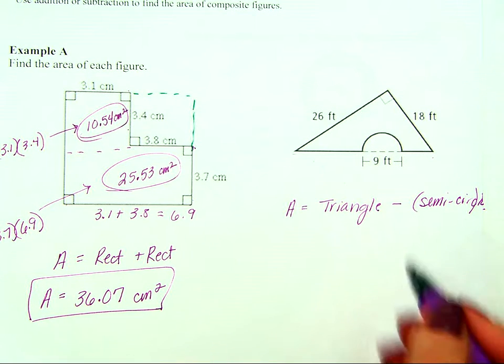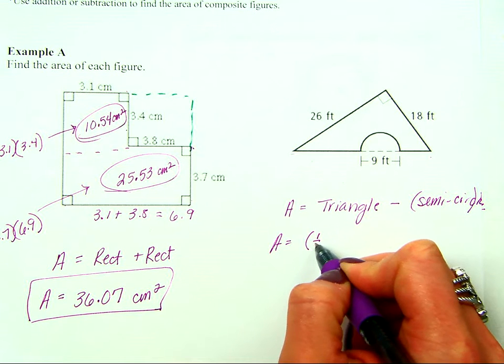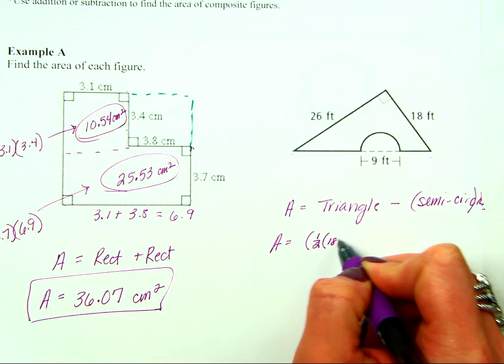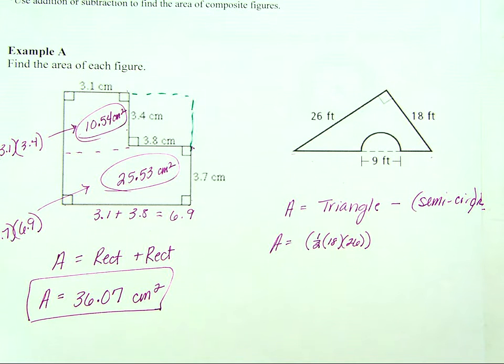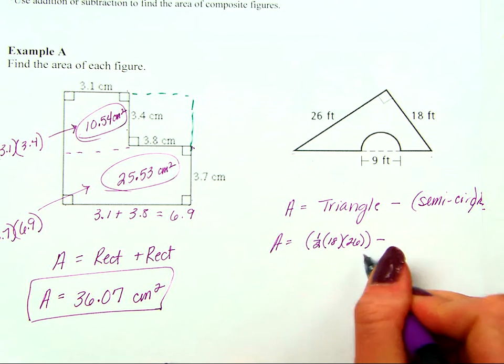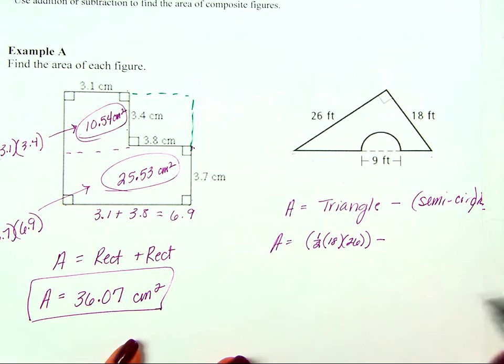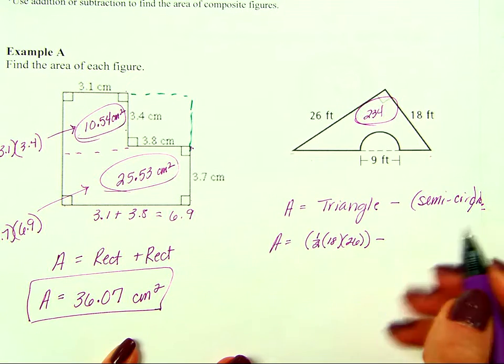So for my triangle, I know one-half base times height, and I need to subtract out my semicircle. When I figure one-half times 18 times 26, I get 234. So again, sometimes I like to write that in there.